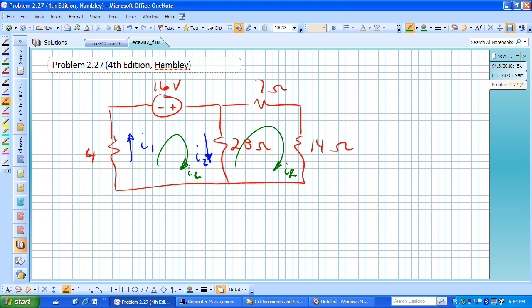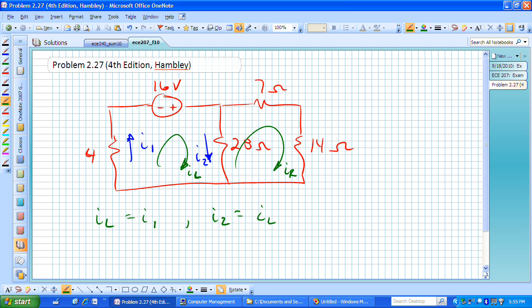If I do that, hopefully it's clear that I sub L is actually equal to I sub 1, and I sub 2 is the current going down from top to bottom in the middle branch.